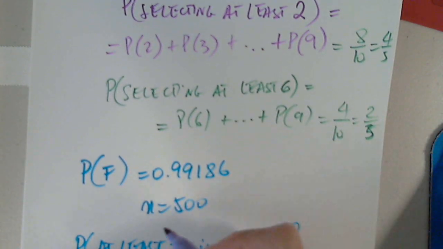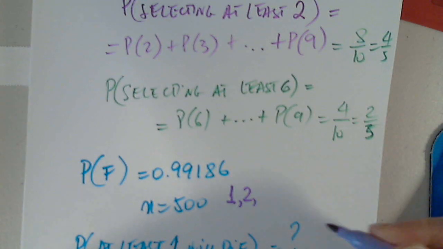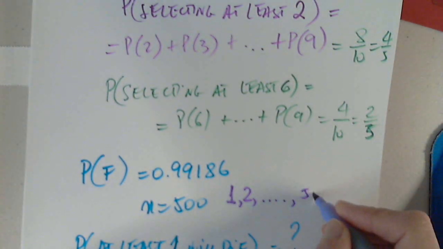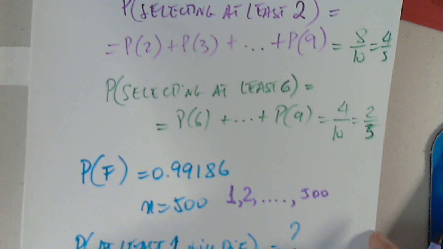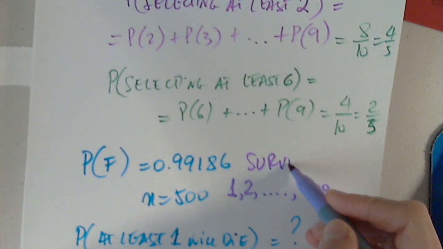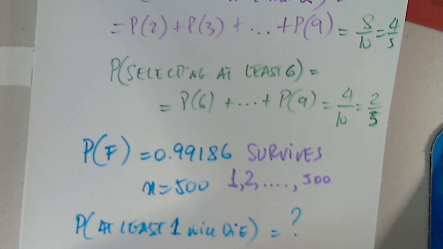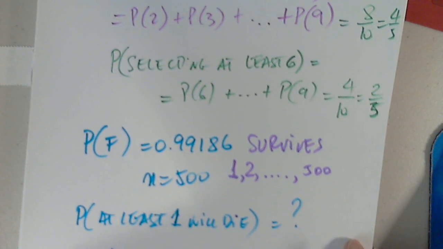So when we look at the females, they're all numbered from 1 till 500. First of all, we should determine the probability. That's one way. We should determine the probability of a complement. We have the probability that the female survives, and the probability of not surviving will be 1 minus the probability of surviving.